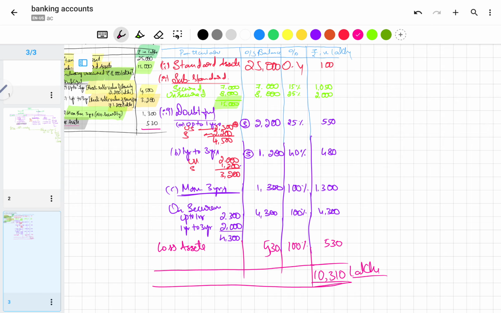No need to write lakhs here because we already mentioned rupees in lakhs.